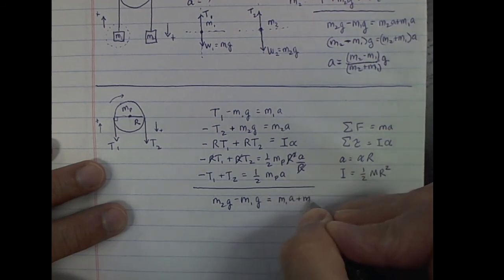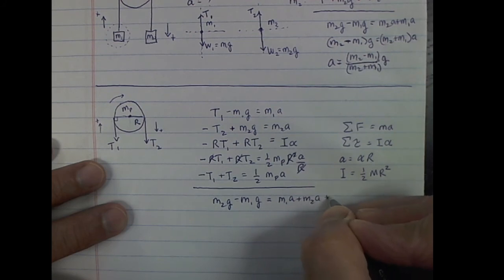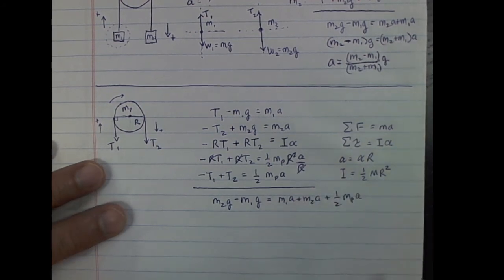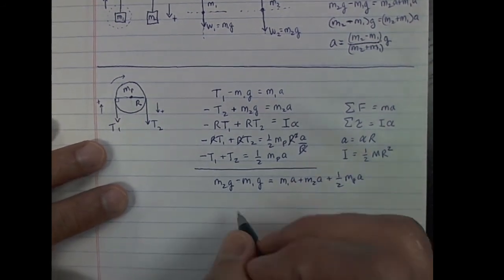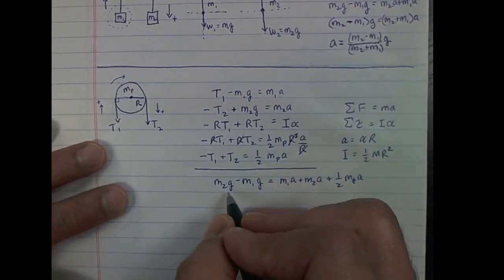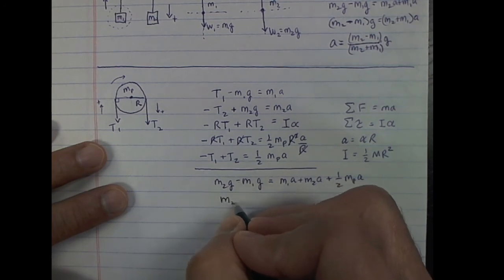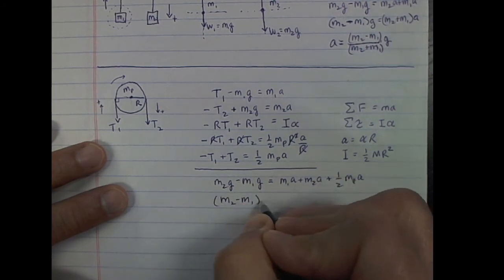On this side, we have M1A plus M2A plus 1/2 MPA. Factoring, we have (M2 minus M1)G.